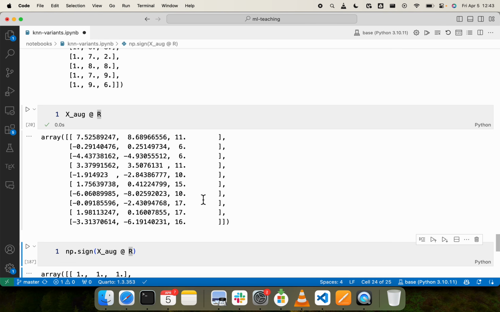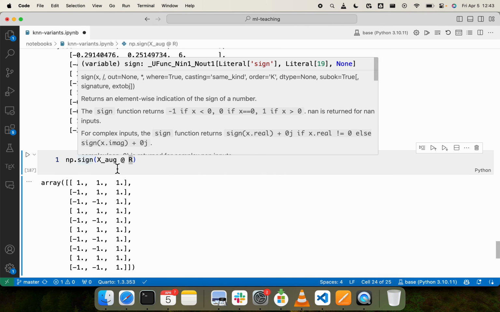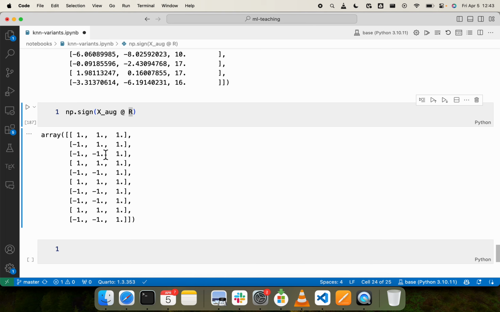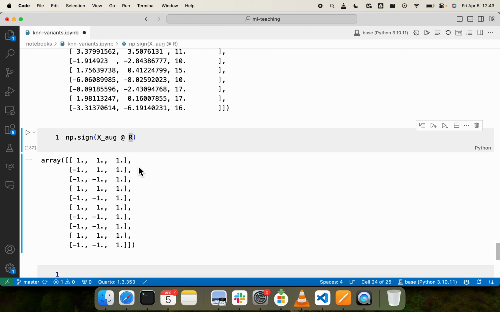Right? So I have projected my points from a d-dimensional space to a p-dimensional space. And then I look at the sign of this matrix, the H matrix. It will be ones and minus ones, or ones and zeros, depending on the specific way you implement.